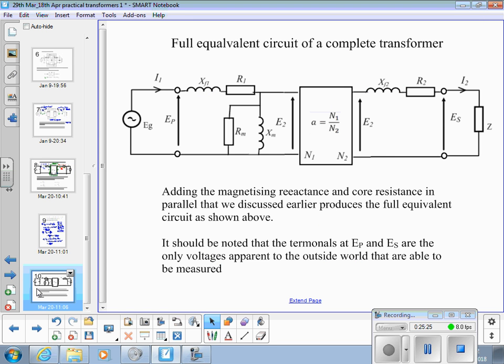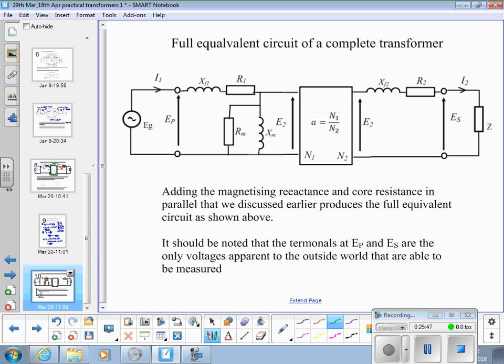So, if we now consider both of the two model considerations that we've considered together, the full equivalent circuit for a complete transformer is that. On the primary side, we've got a primary current flowing.